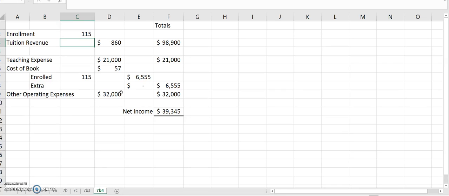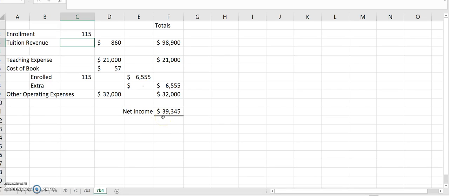Okay, so back to the story here. Back to this problem: with this just-in-time inventory system, we never have to turn away any students. So what if we have 115 students that show up, and we pay the extra cost for the book, what does our income look like?